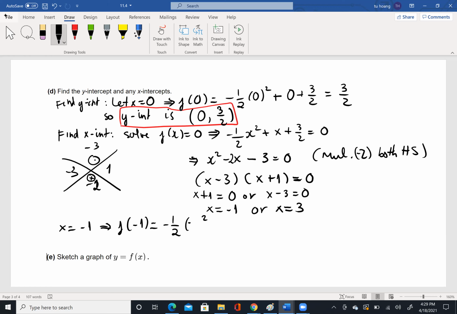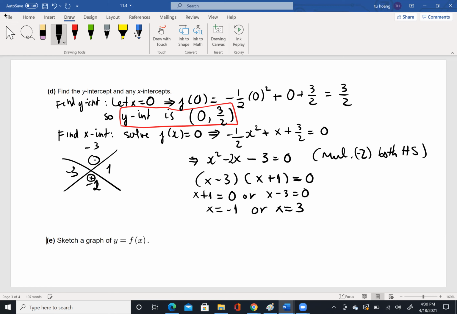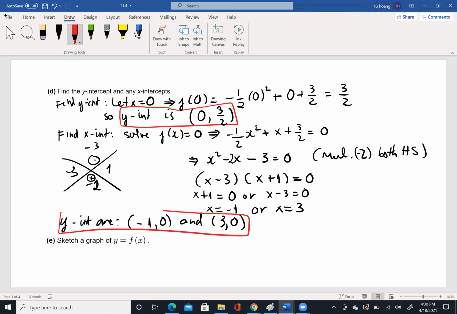I'm just gonna say the y value should be 0. So the x-intercepts are (-1, 0) and (3, 0), right? Because they are x-intercepts, the y value has to be equal to 0 for each case. Okay, done.